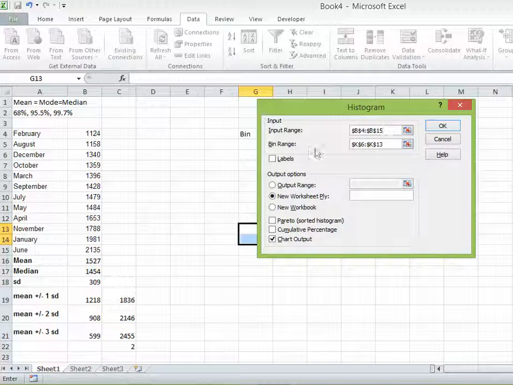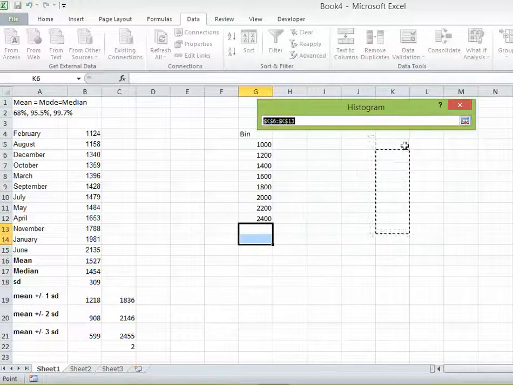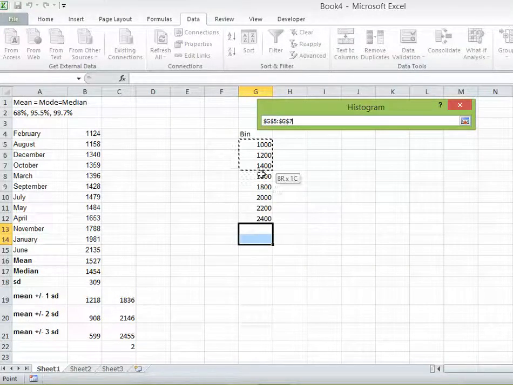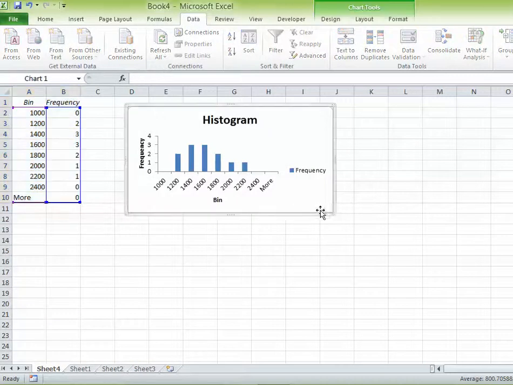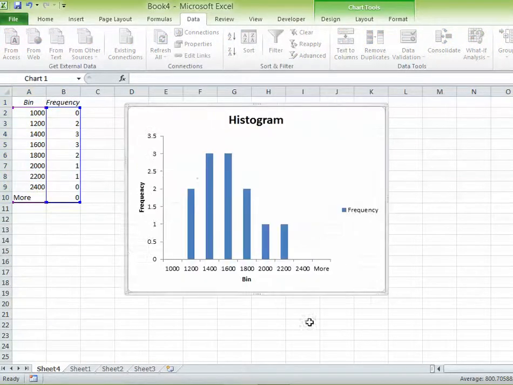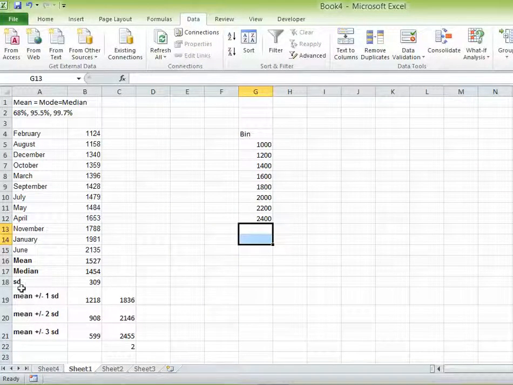And let's see, my bin range is not there, it's over here. Okay, I'm going to put this in a new worksheet. I want a chart. I say OK, and wow, there's our data distribution. Now wait, let's jump back. What was our mean? Our mean is 1527.